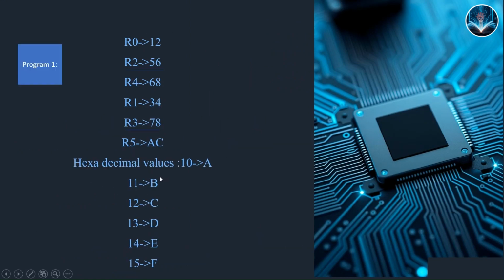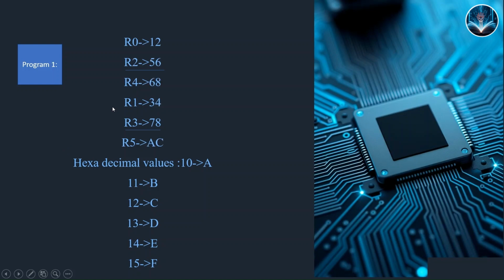As we all know, A, B, C, D, E, F are hexadecimal values for 10, 11, 12, 13, 14, 15. This is the answer for program 1, and these are the register values for program 2. For program 2, perform it and post your answers in the comment section.